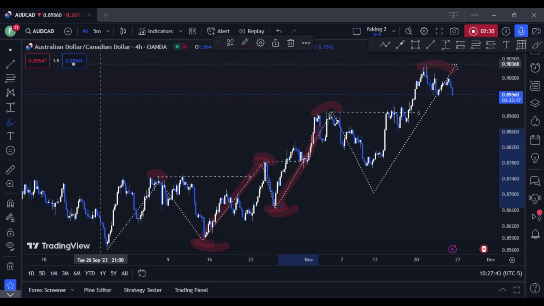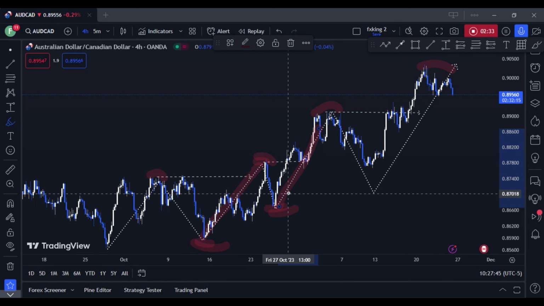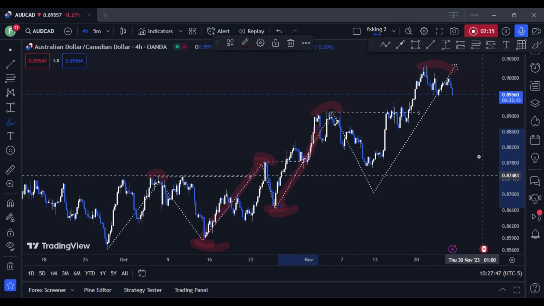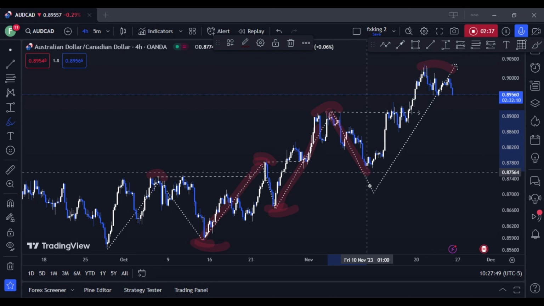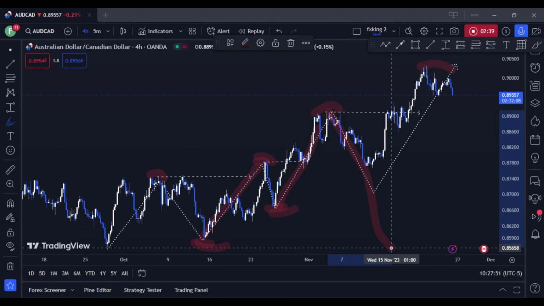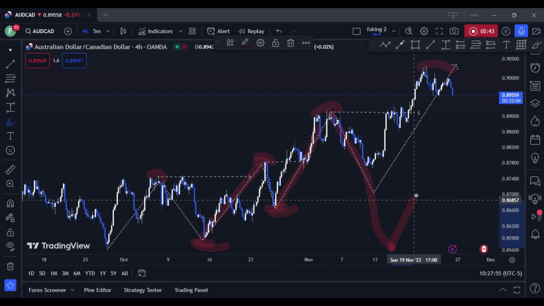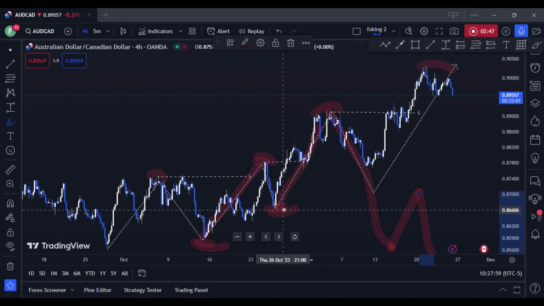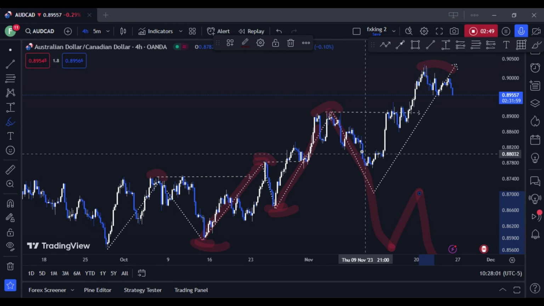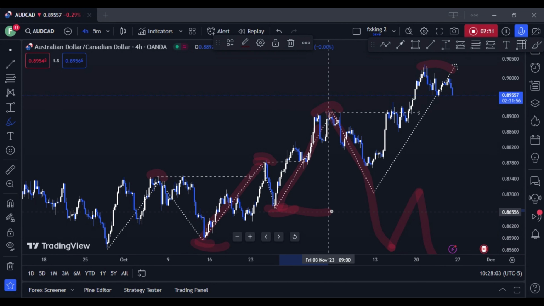So let's say instead of something like this, the market does this. Now our trading range is no longer valid, since this zone will be considered a change of character.